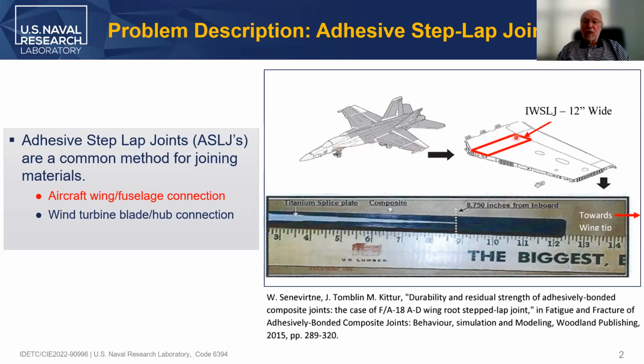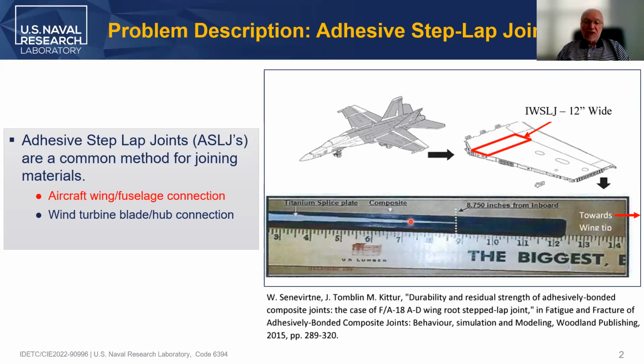If you look at this area and you cut it through, you'll see that the composite skin, shown here with a black domain, is actually adhered to the titanium splice, which is stepped. It has 9 or 11 steps.